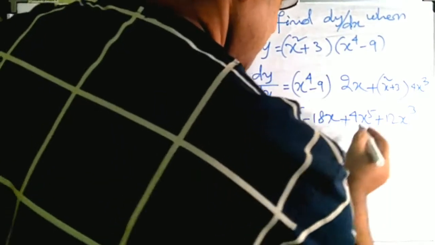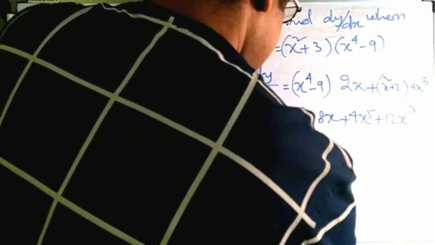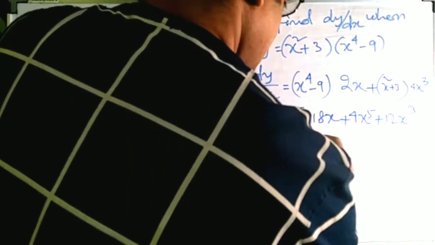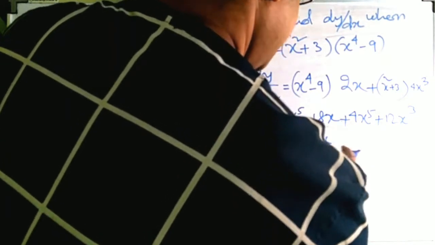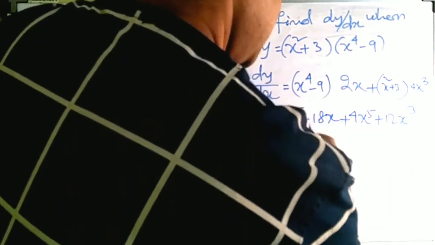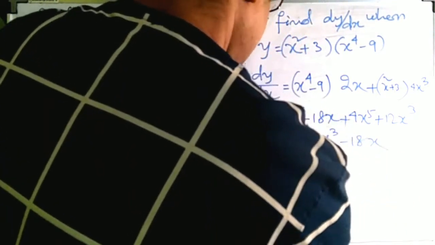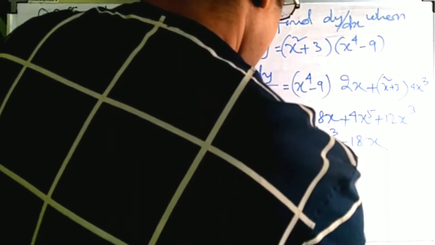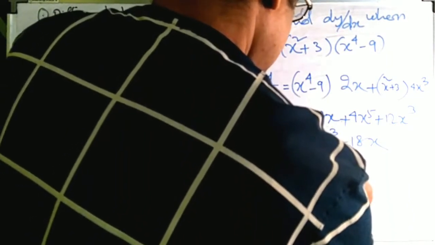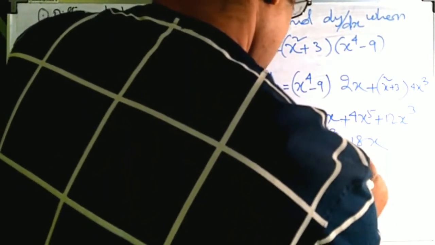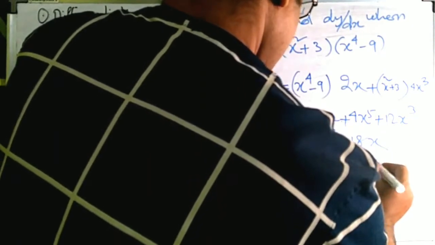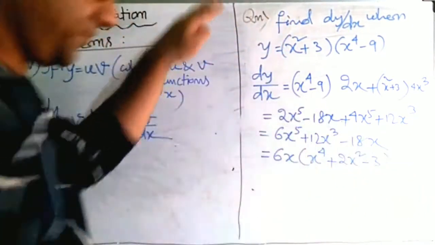So this is equal to 4 plus 2, 6x fifth, plus 12x cube, minus 18x. If we take 6x common, it looks like 6x times (x fourth plus 2x square minus 3).